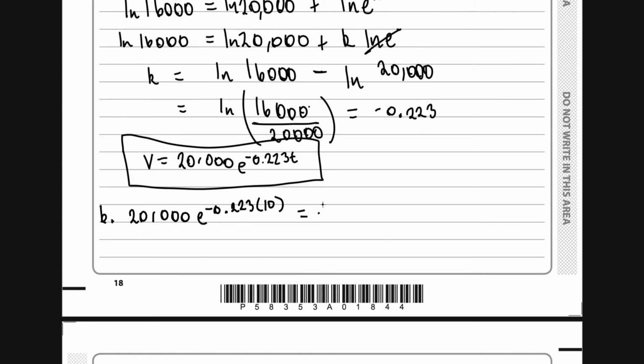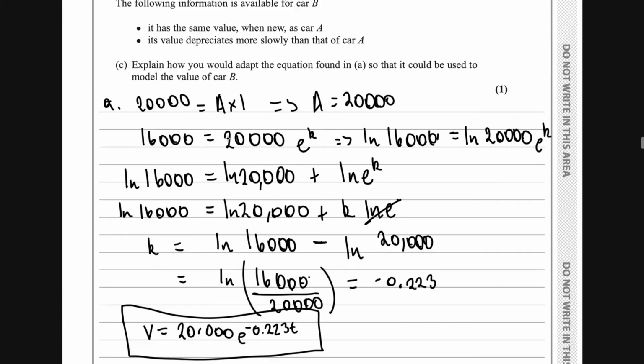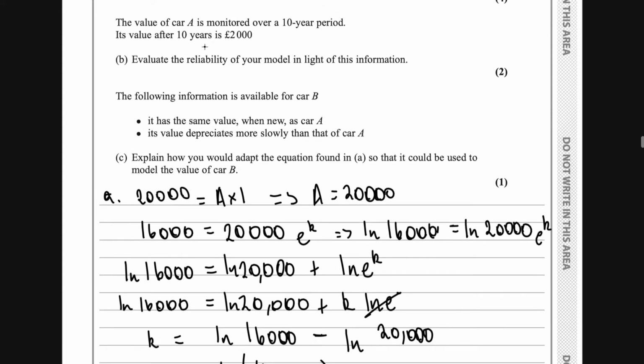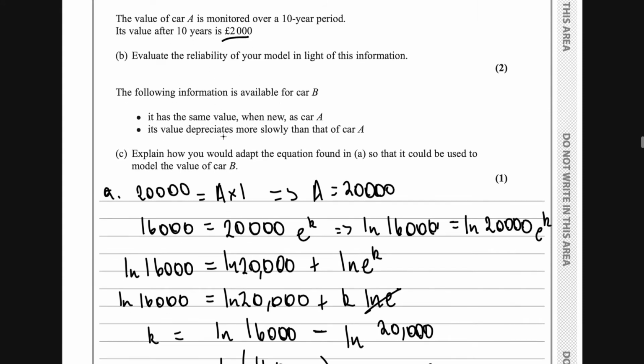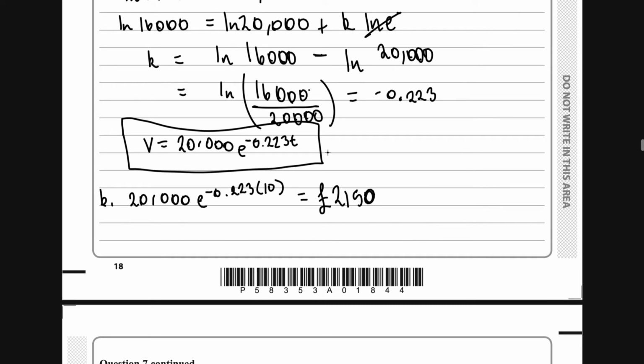And that gives us an answer, remembering it's in pounds here, of 2,150. And because the question states that the value of the car after 10 years is £2,000, it's clear that, to one significant figure at least, the value that the model is suggesting is rather close to the actual value.